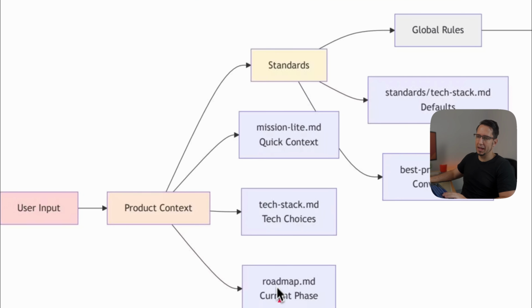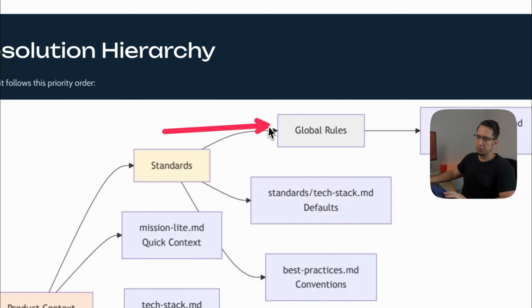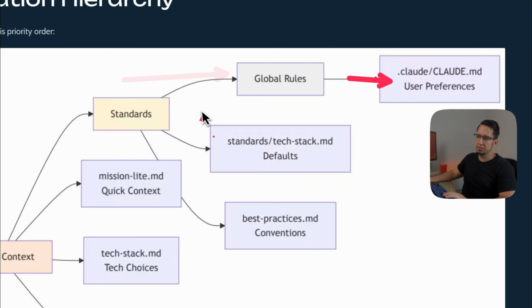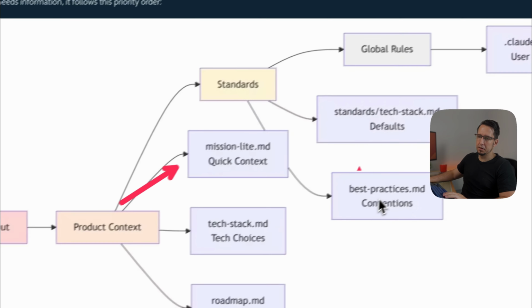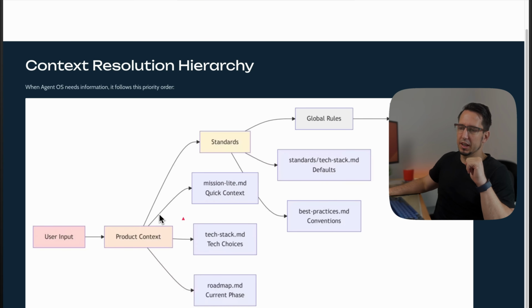It has different ways it can look at things. If it needs to find the standards, how can it find the standards? It goes global rules and then user preferences, or in the standards tech stack default. And mission-lite is just getting the quick mission of the project. It can quickly grab that. So you can see how it tries to split up the context so it can quickly grab that accordingly.